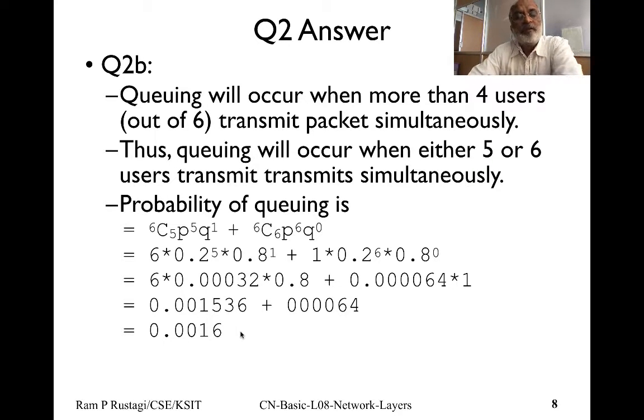So when there are 5 or 6 users, the probability of queuing will be 0.0016. So look, with circuit switching we can support only 4 users, but with packet switching we can support all the 6 users because we know they don't all transmit simultaneously. The probability of 6 users transmitting simultaneously, so that packets would be queued, is very, very low, 0.0016.